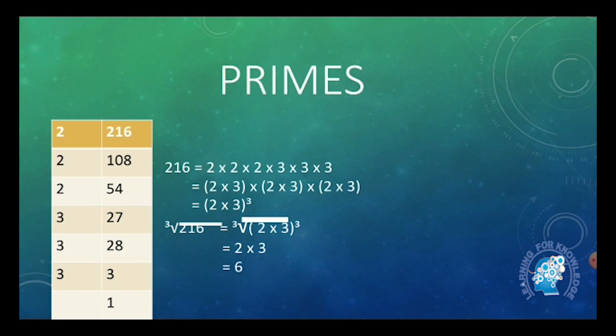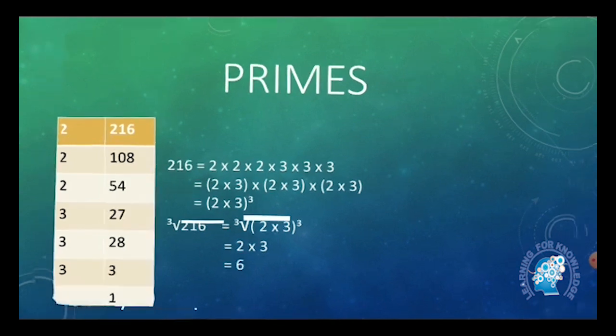So when we multiply 1 upon 3 by 3, the two 3s will cancel each other, and we will be left with 1 as the power of the bracket, which will be equal to 2 multiplied by 3. And when we simplify it, we will get the answer 6.